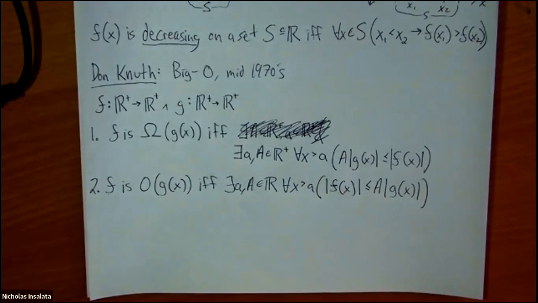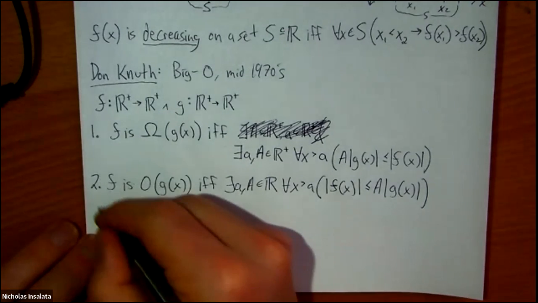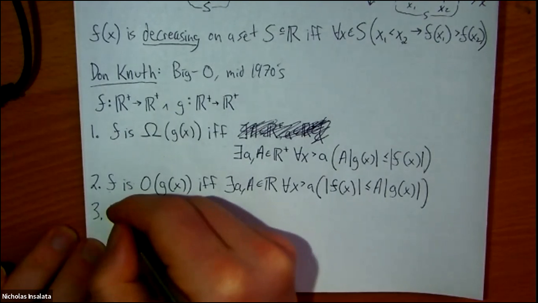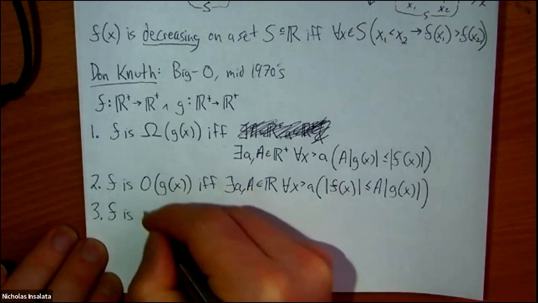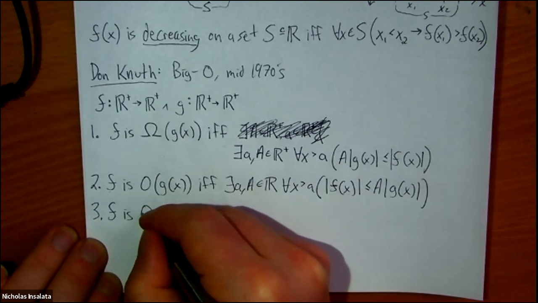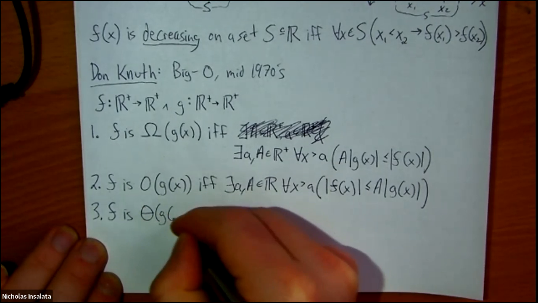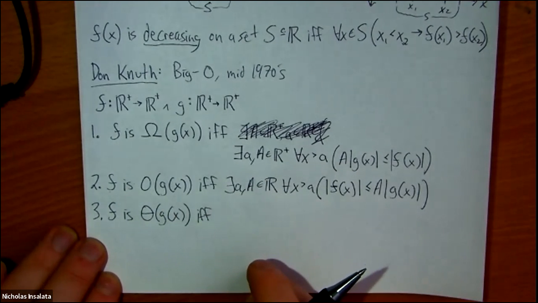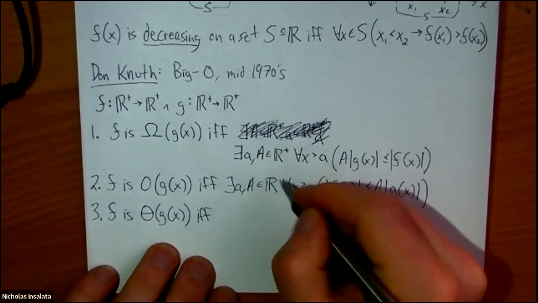Okay. And finally, we have big theta. Okay. f is theta of g of x, if and only if. All right, now here's where we need A and B and K. So that needs a plus on it.